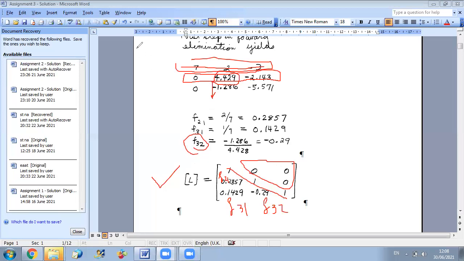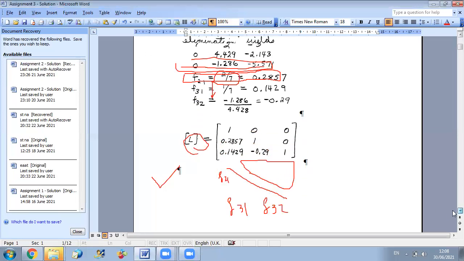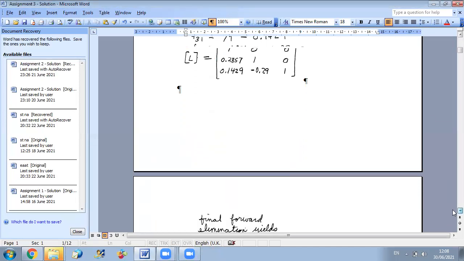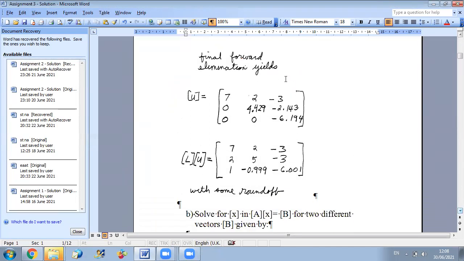Let us continue. So now this is the lower matrix, and I will finalize my upper matrix by doing the forward elimination for the final step. Okay, so now I need to do the forward elimination using factor F32.